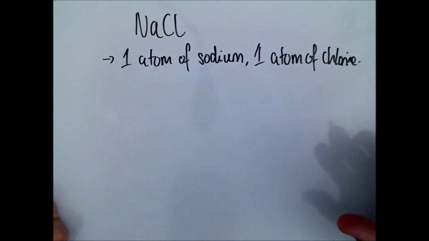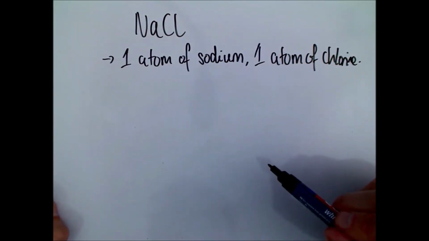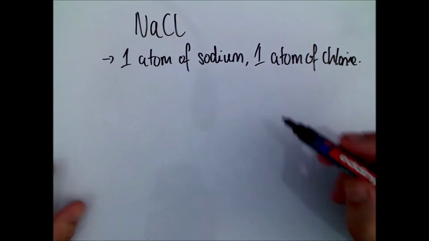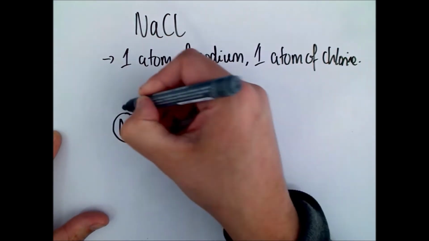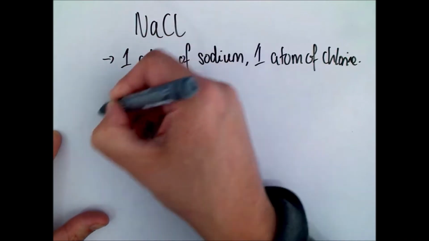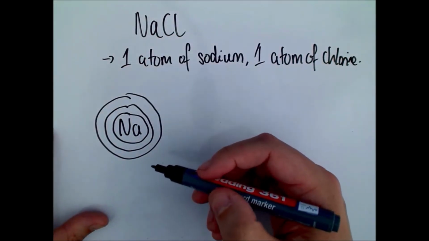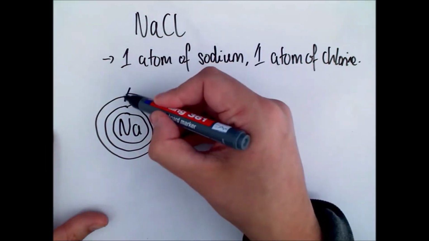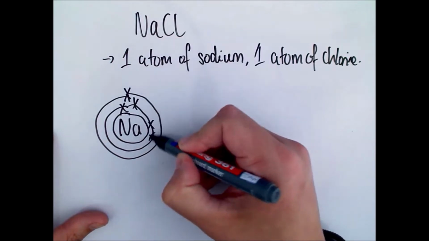I'm not going to worry about the ions yet. When we're drawing out the atom, we just look where it is on the periodic table. Sodium, Na, is in the third period and group 1. The third period tells me it's got 3 shells of electrons. The first group tells me it's got 1 electron in its outermost shell. And then we just fill in the rest below.